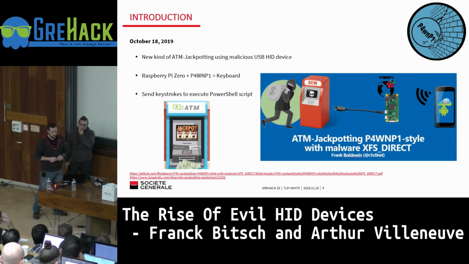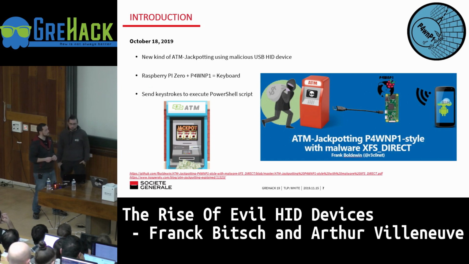Last month, we saw, as far as I know, the first implant used in the wild on ATMs, with USB devices used to do an ATM jackpotting attack. The main goal of this kind of attack is to steal all the cash from the ATM.